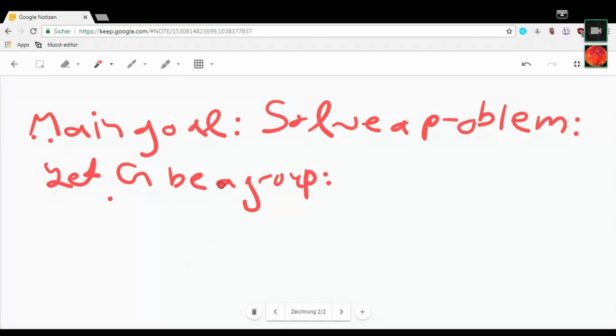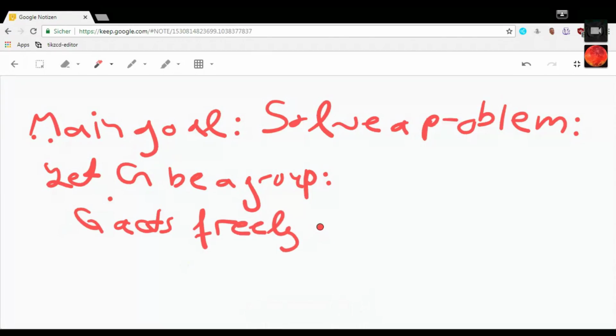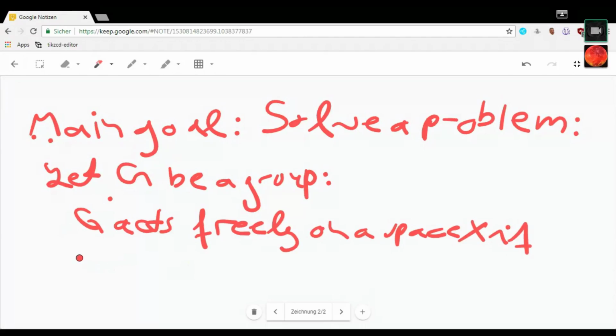Okay. And we say that G acts freely on a space X if each group element is actually just a map from the space to itself.